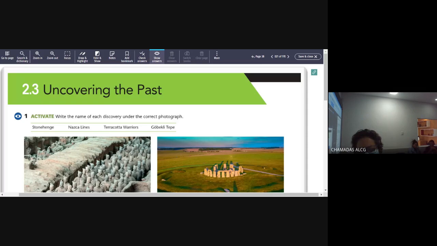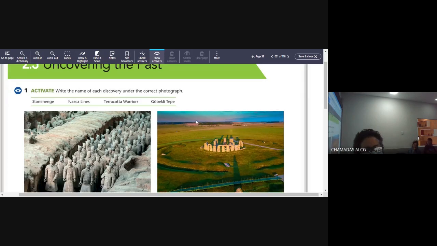Oh, okay, Julio, I got it. So, let's see what discoveries they would like us to talk about. Here we have: write the names of each discovery under the correct photograph.